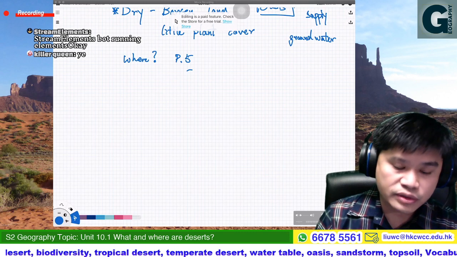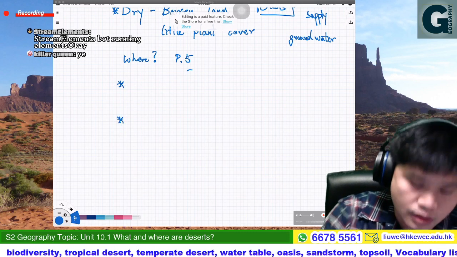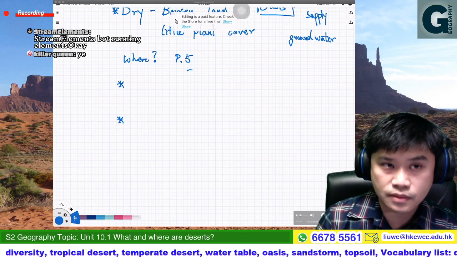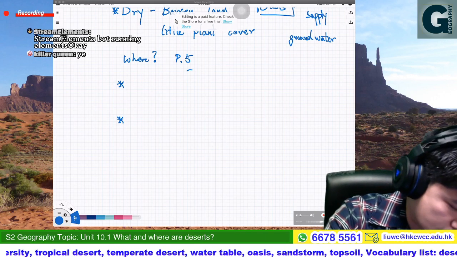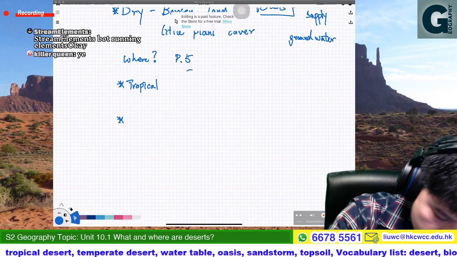I would say for desert we can divide the type of desert mainly into two types. The first type is what we call tropical desert.